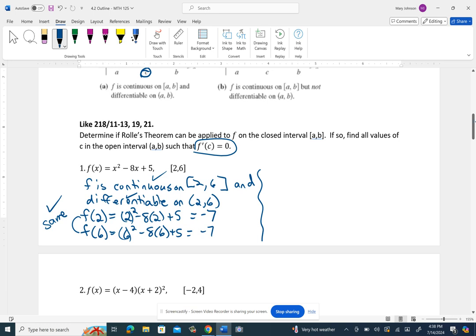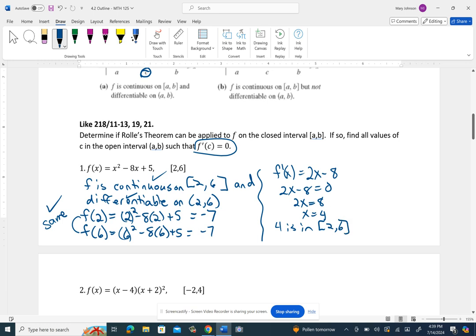So if you know all of that has been met, then you can actually do the work. So now what you're going to do is you're going to find the derivative of the function. So it's a nice polynomial, so that's pretty quick. You're going to set that equal to 0 and solve. So you get x equals 4. And then notice that 4 is in the interval from 2 to 6.